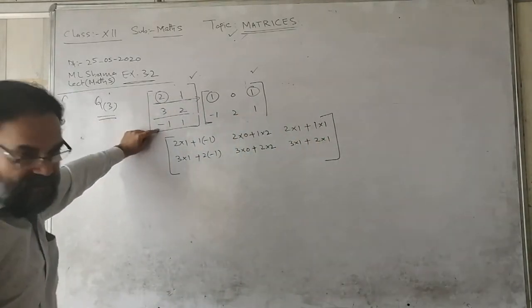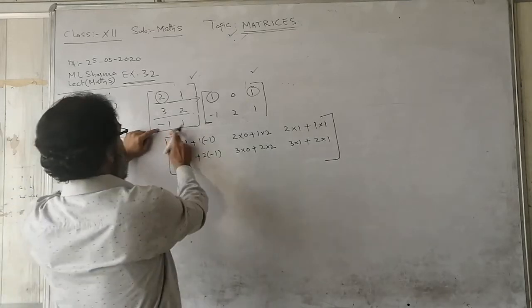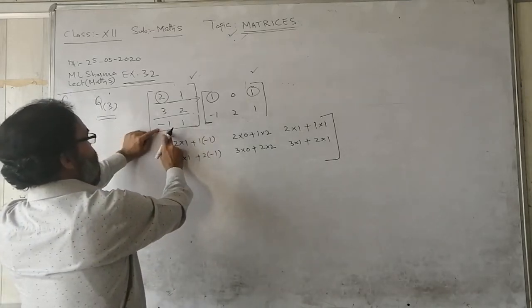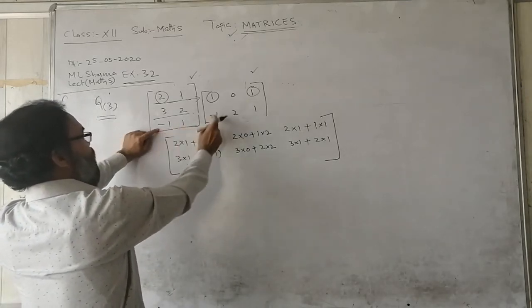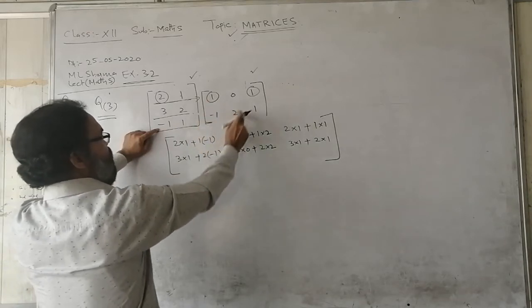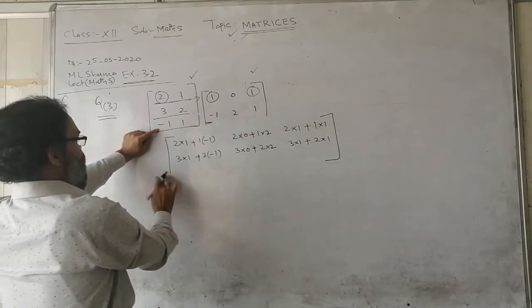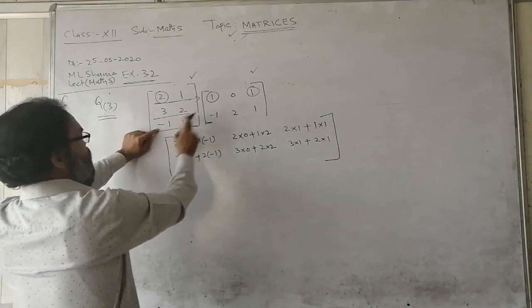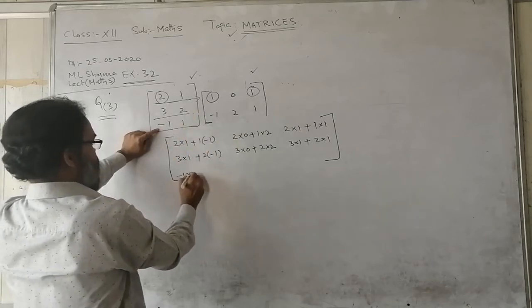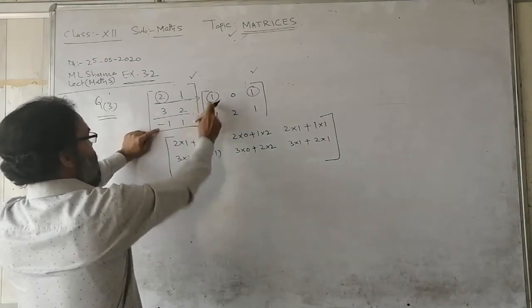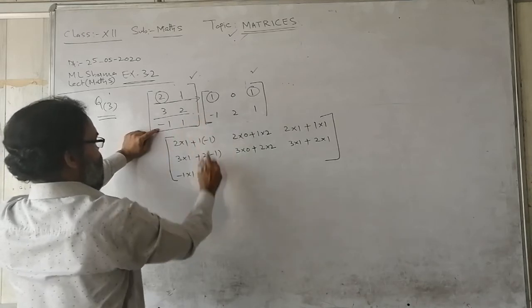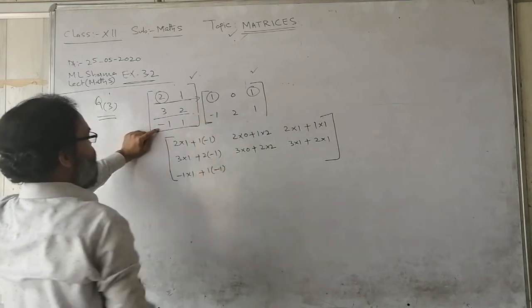And for row R3, elements are to be multiplied by column C1, column C2 and column C3. So here minus 1 multiplied by 1 plus 1 multiplied by minus 1.